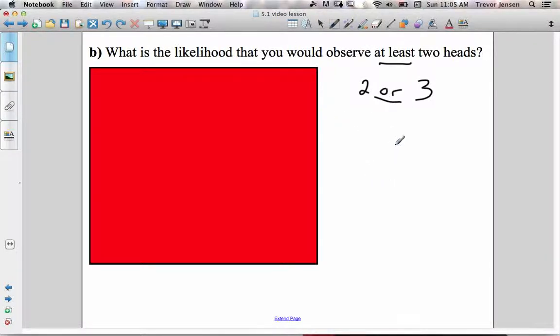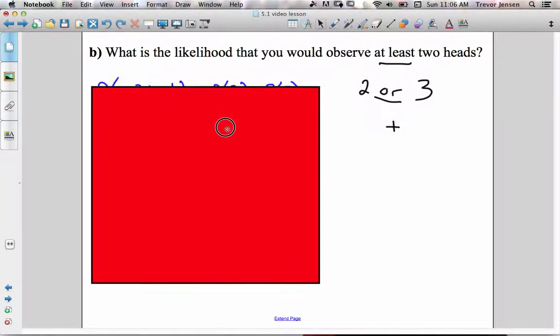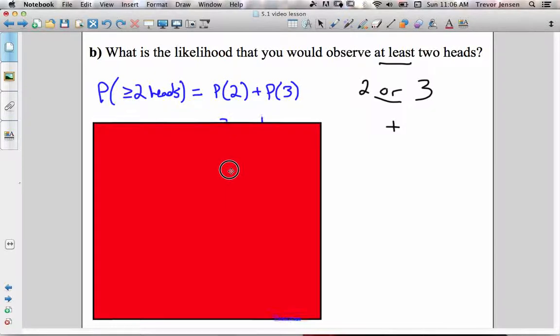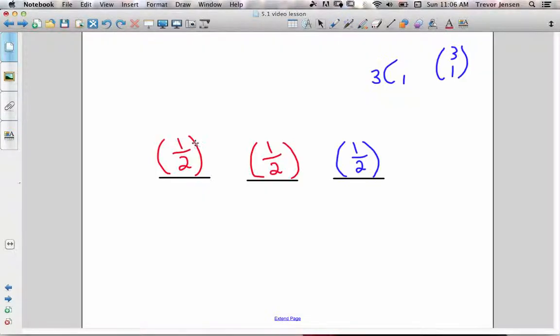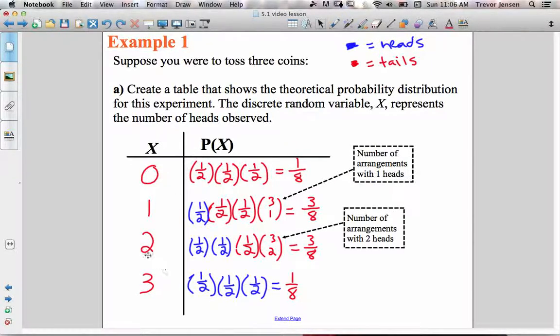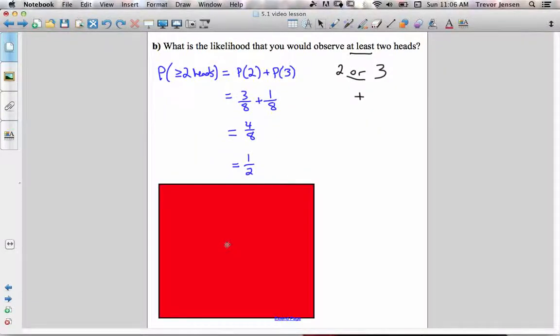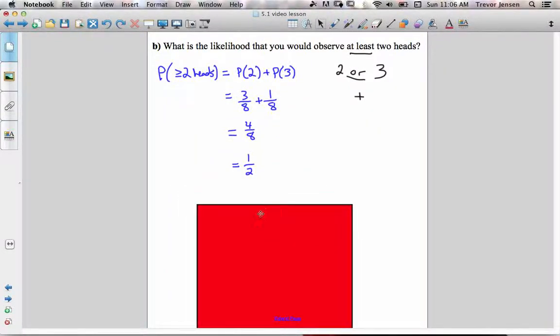And when you think or, you need to think of the operation plus. So if I want 2 or 3, that means greater than or equal to 2 of them being heads, so probability of 2 plus probability of 3. If we look back to our probability distribution, probability of 2 is 3 over 8, probability of 3 is 1 over 8. Add them together, we get 4 over 8, which is a half, so a value of 0.5.